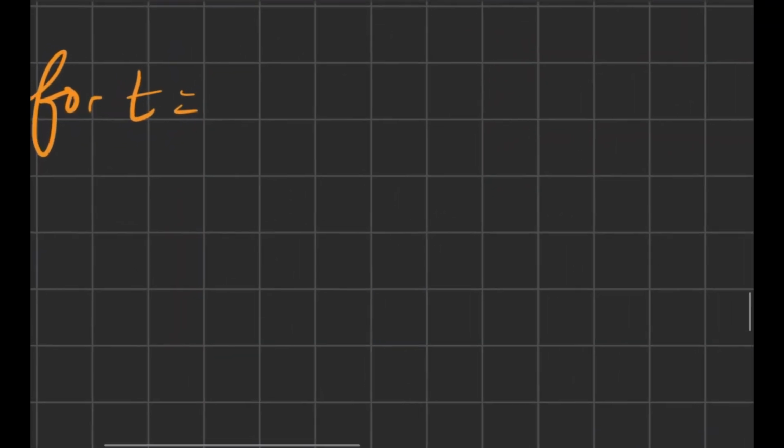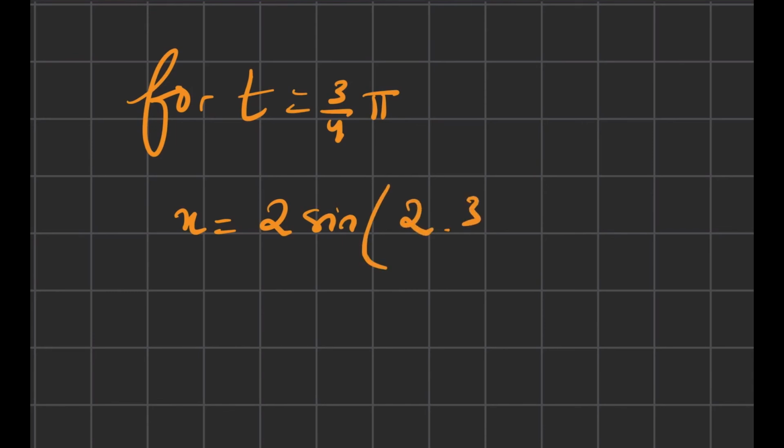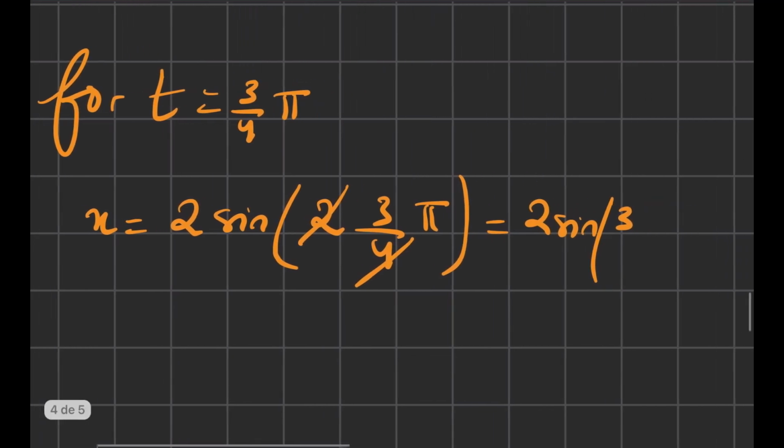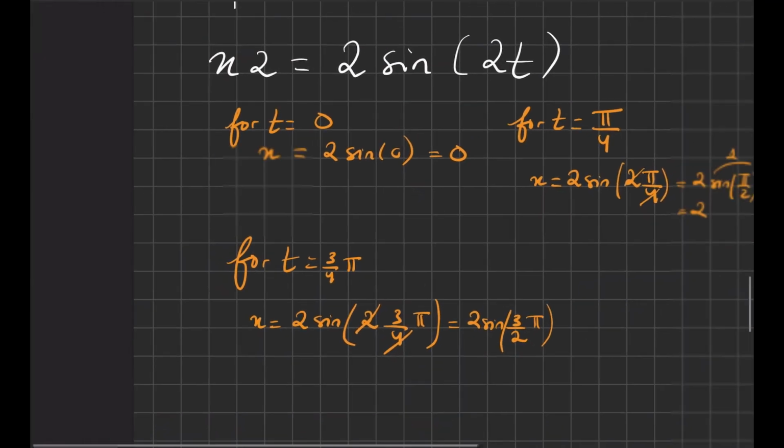Again, for t equals 0.75 pi, that is 3 over 4 pi. x would be 2 sine 2 times 3 over 4 pi, that is just 3 over 2 pi.